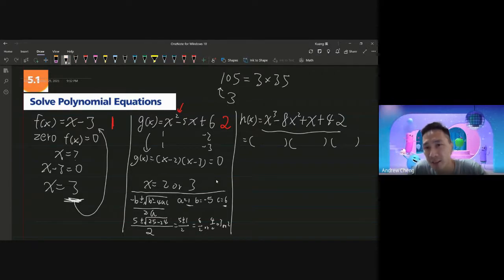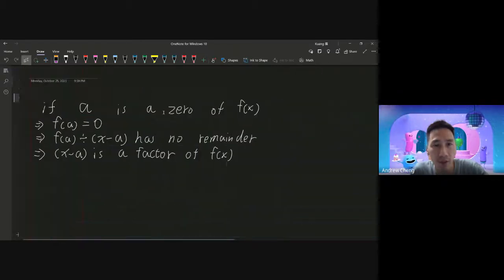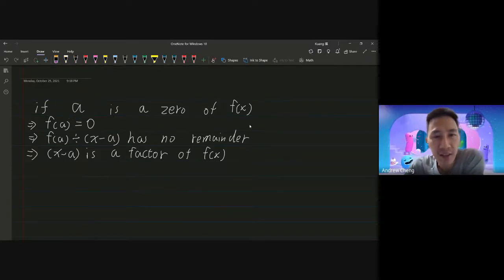So first of all, I have to find a factor of 105. Same here, I have to find a factor of this polynomial. But how can we do this? Before we find a factor of the polynomial, let's look at this important property of polynomials. If a is a zero of f of x, then first, if you plug a into x, the function equals 0.